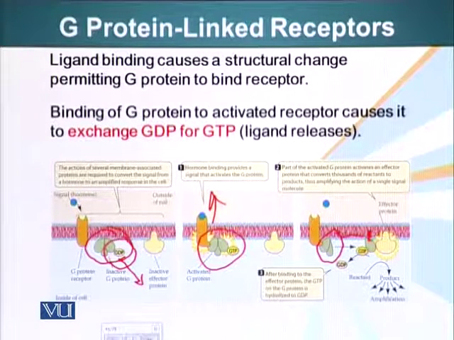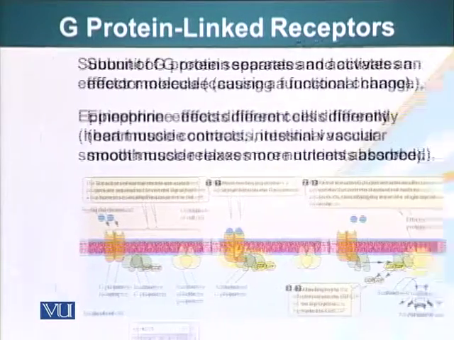Once the signal has been generated, the cells don't keep on responding, because we need to change. Once the signal has been received, the cell has performed the relevant duties, now it wants to move back to the ground state. So it is very important that the ligand is also removed from the system, which happens once the G protein interacts with the activated receptor.